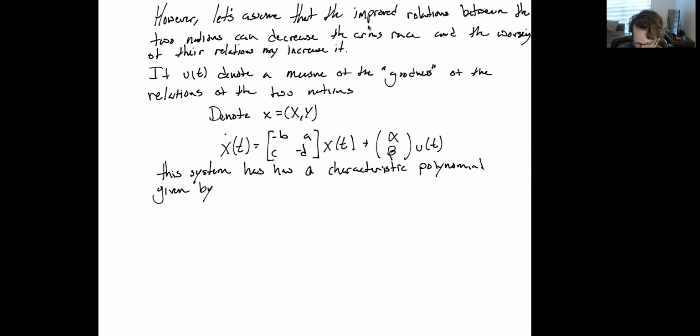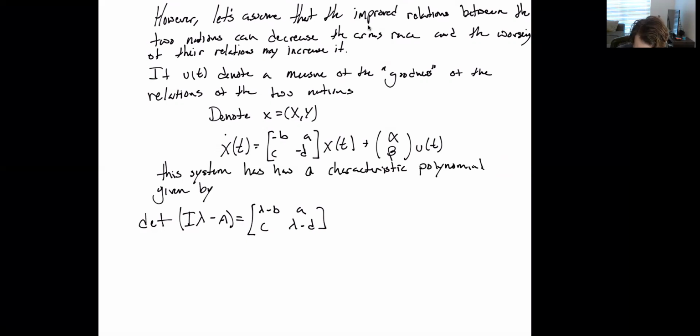And remember the characteristic polynomial is equal to the determinant of lambda I minus A. So we're going to call this, right, so this is going to be equal to the determinant of the matrix lambda minus b, a, c, lambda minus d. So let's move this guy over.